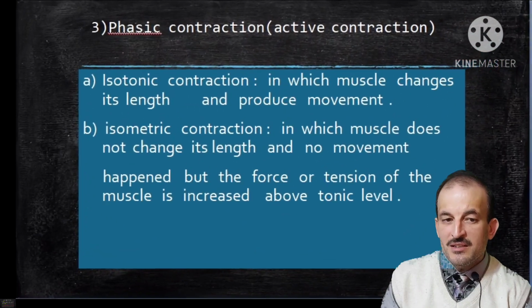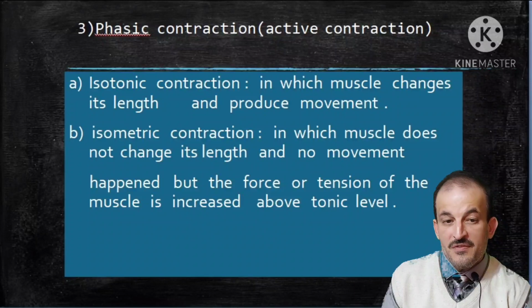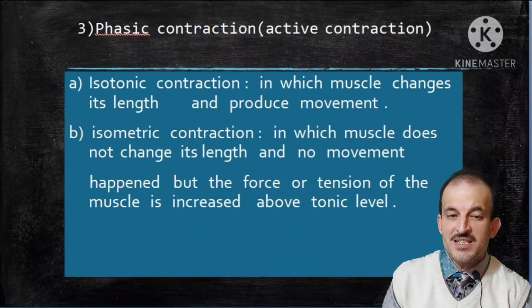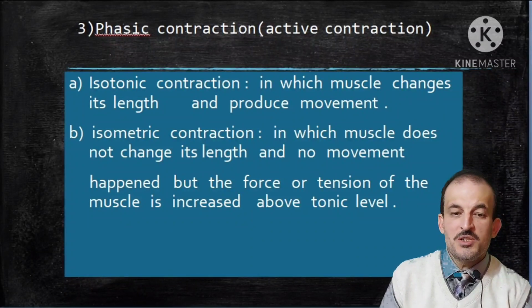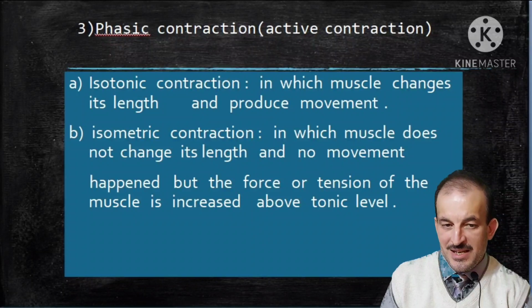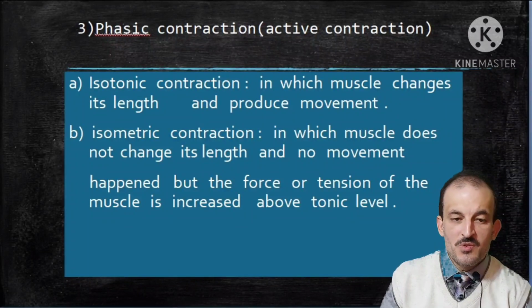The third one is called phasic contraction, which is active contraction. This type produces the movement or locomotion of the human body, and consists of two divisions. The first one is called isotonic contraction, in which the muscle changes its length and produces movement.